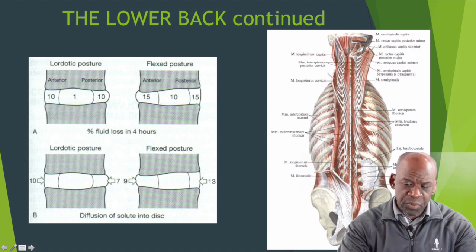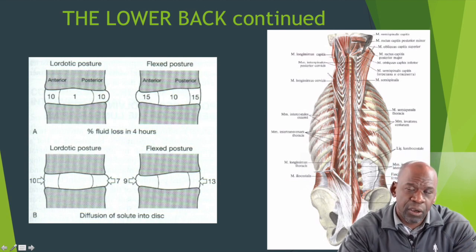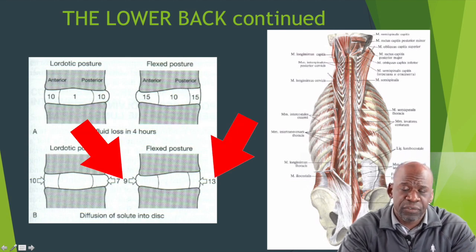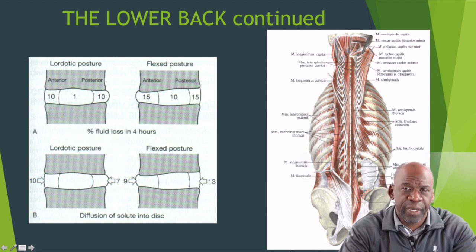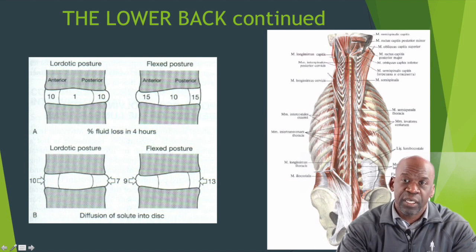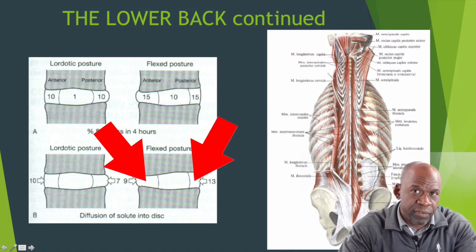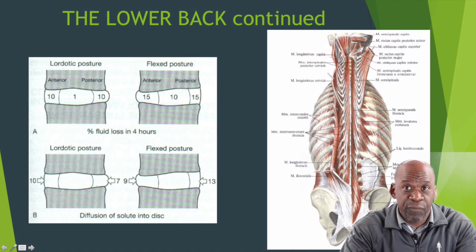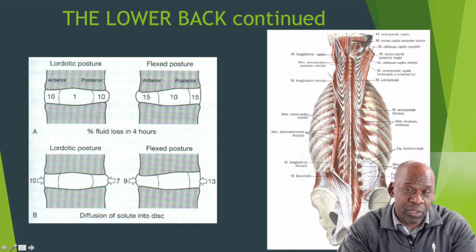As opposed to the flexed posture, where there is quite a difference between the amount of solute that is able to rediffuse back into the disc when you compare the front of the disc to the posterior aspect, leading to an imbalance in the compliance of the disc from one side to the other, and therefore leaving that disc more susceptible to injury.